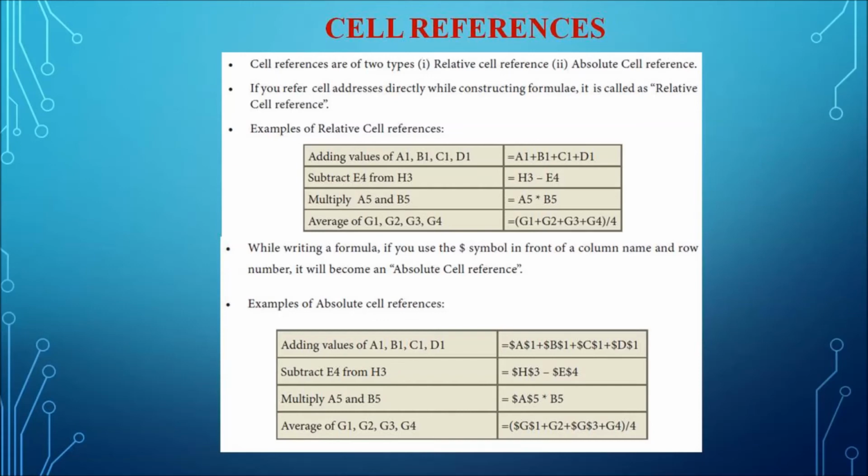It is not mandatory to use it on both; we can use it on either the column name or the row number. It is based on the requirement that we use the dollar symbol. So this is the first difference.